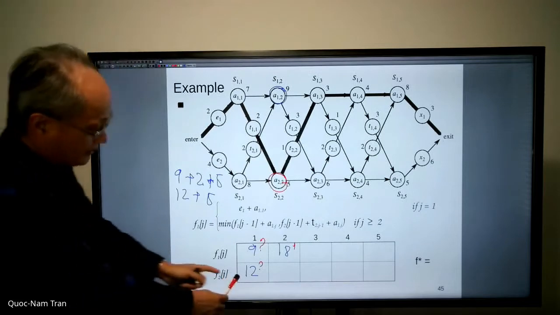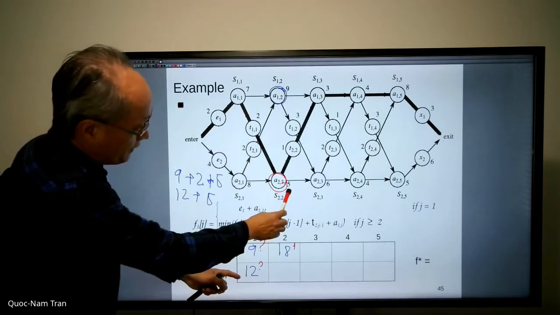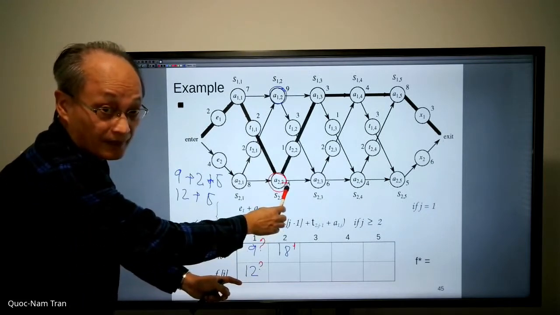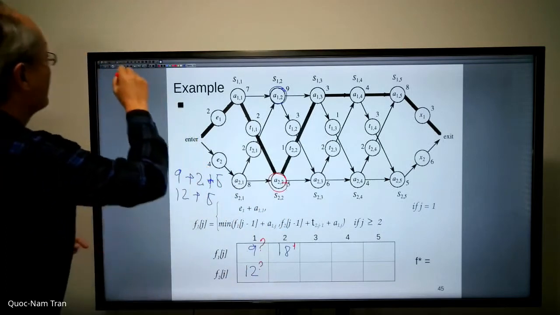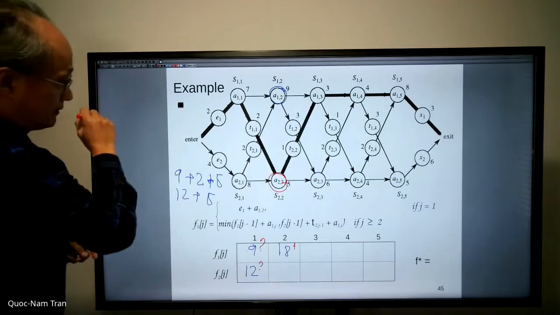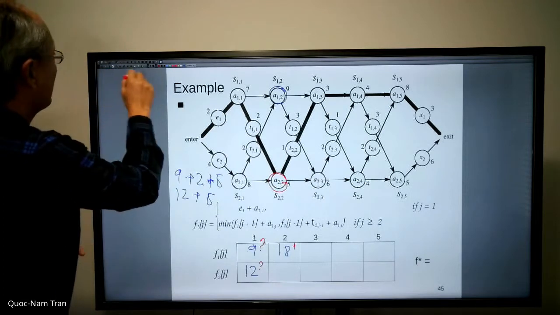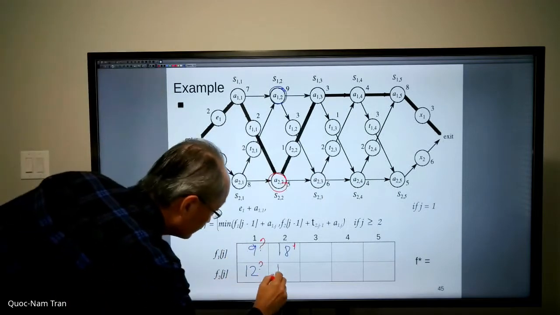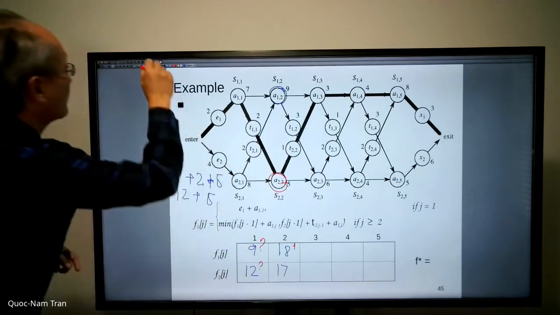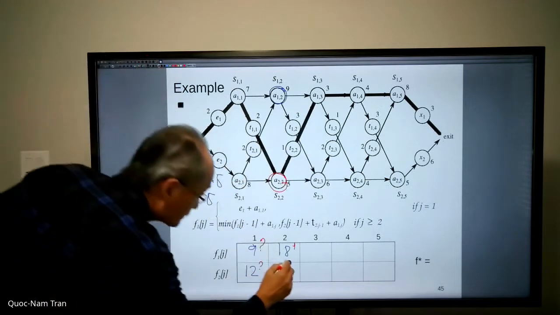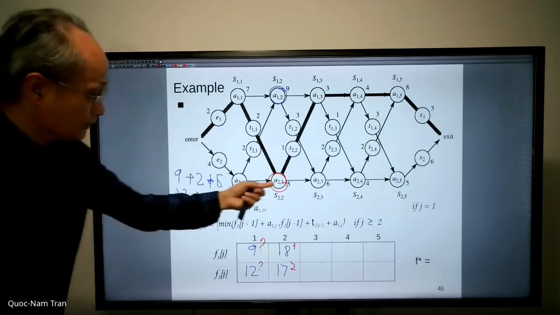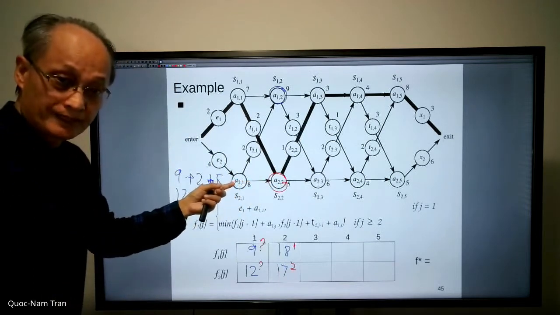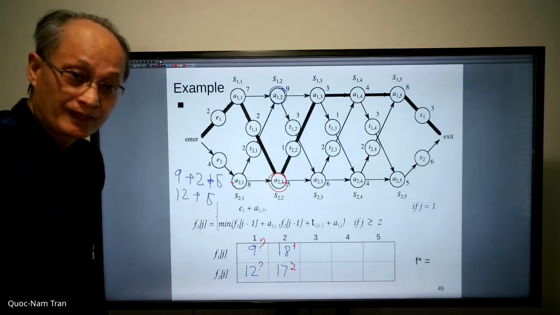So here you have 12 plus 5, which is 17, through line 2. Got it?